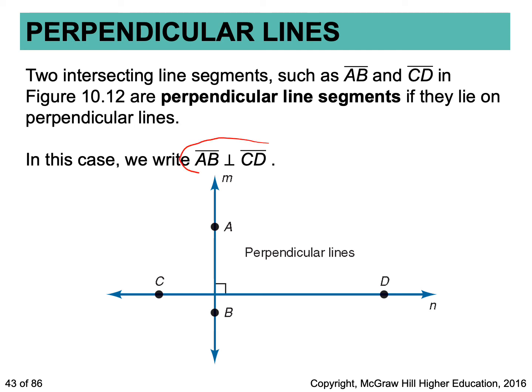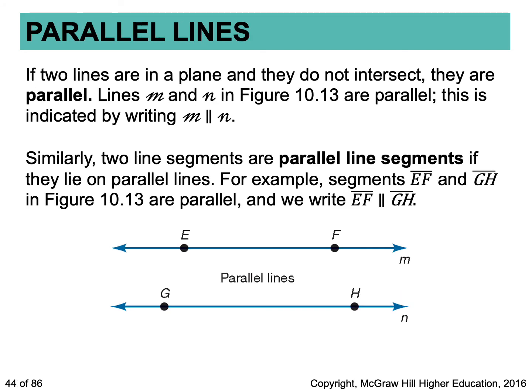Okay, and so this is saying segment AB is perpendicular to segment CD. Then if you have lines that never intersect, you have parallel lines. And so here's the notation for parallel lines. Line segment EF is parallel to line segment GH. Line M is parallel to line N.